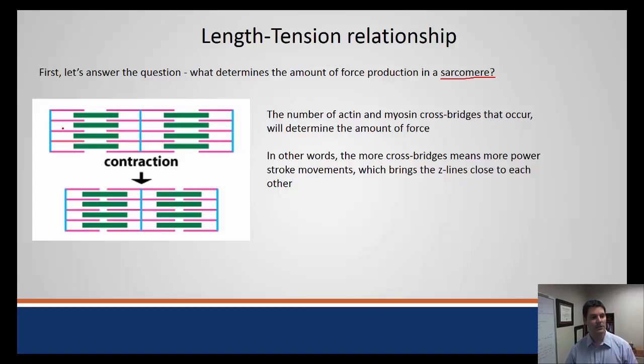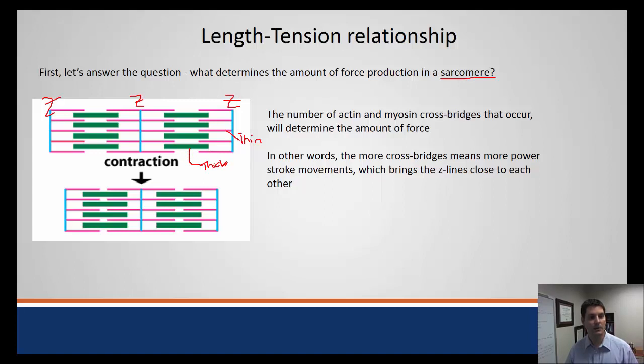And we have a cheesy cartoon here to demonstrate. Here's a Z-line, here's a Z-line, and here's a Z-line. The pink here are our actin, or our thin filaments, and the green here is our myosin, or our thick filaments.